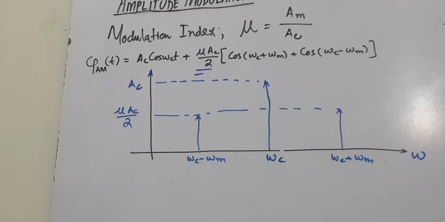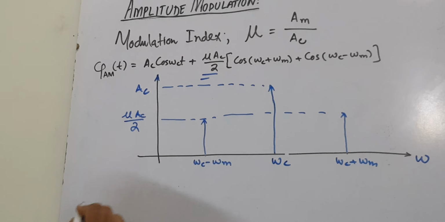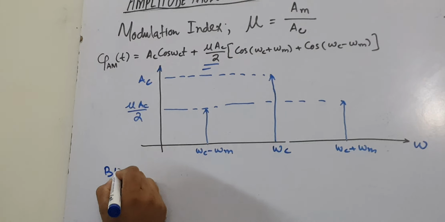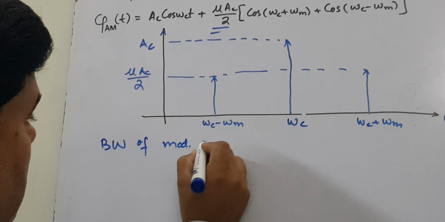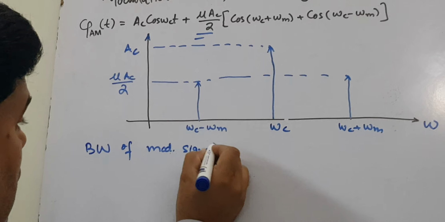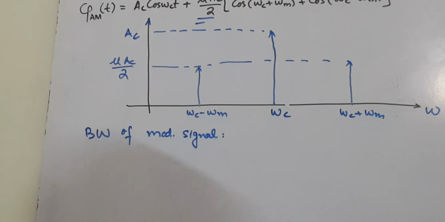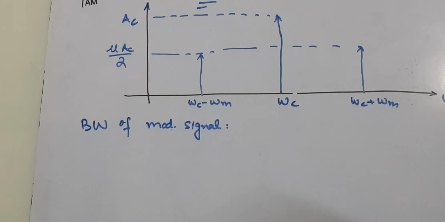That is the amplitude modulated signal, and this is the representation in terms of frequency. And if we want to calculate the bandwidth of the modulated signal, we know that bandwidth is usually the high frequency minus the low frequency.